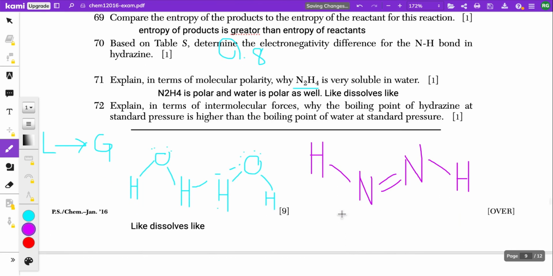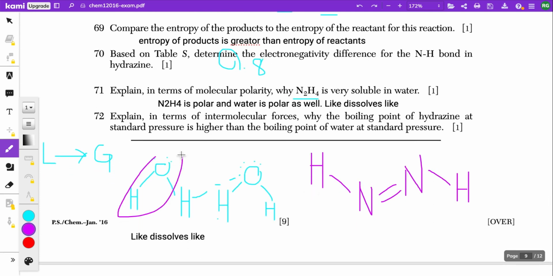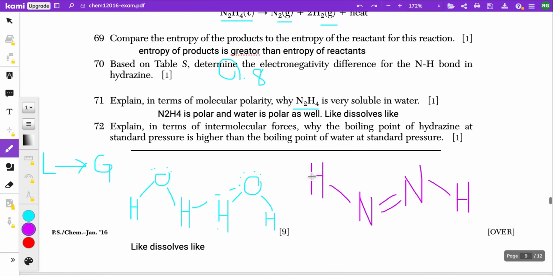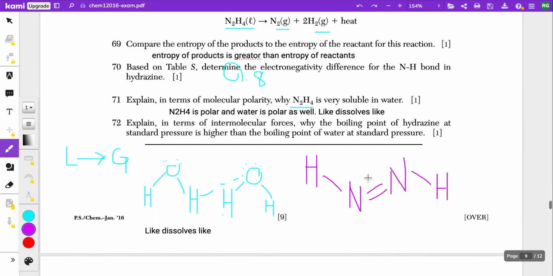N2H4 has stronger intermolecular forces because, well, it has two locations of hydrogen bonding. Actually no, water also has two locations of hydrogen bonding. My bad.